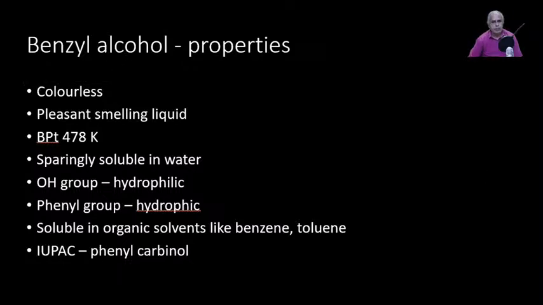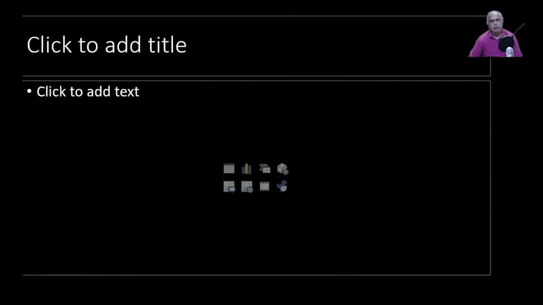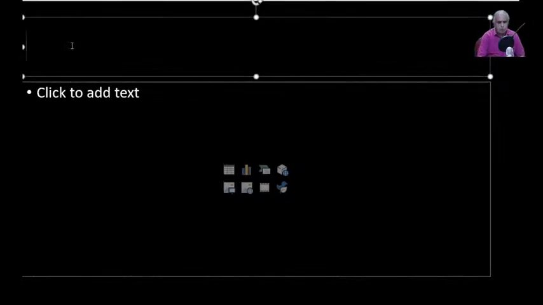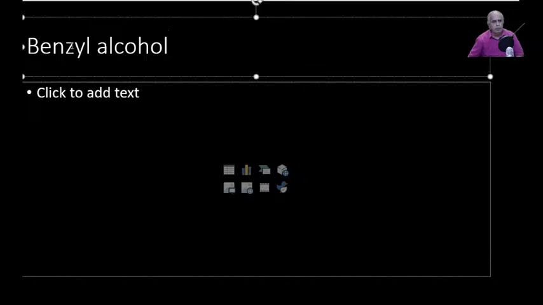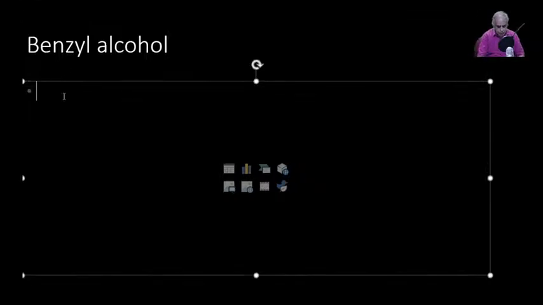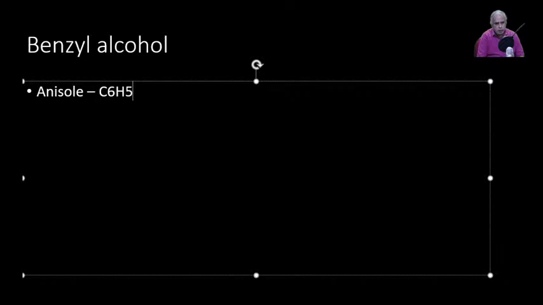And it has various derivatives, like anisole, which is nothing but C6H5OCH3.